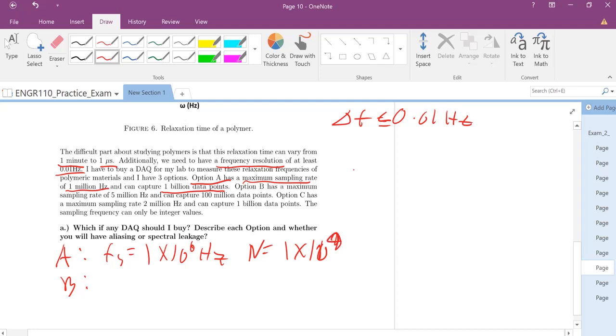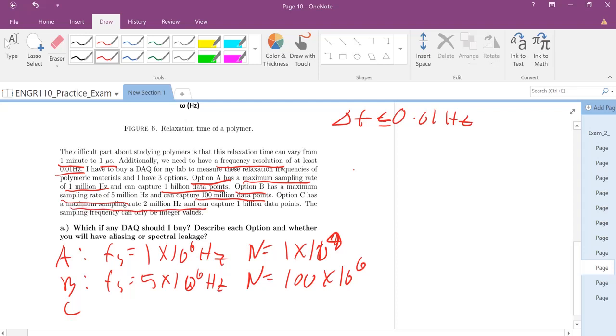B, we have a maximum sample rate of 5 million hertz, 10 times 10 to the 6, and we can capture 100 million data points. So N is equal to 100 times 10 to the 6. And C, we could have a maximum sampling rate of 2 million hertz.